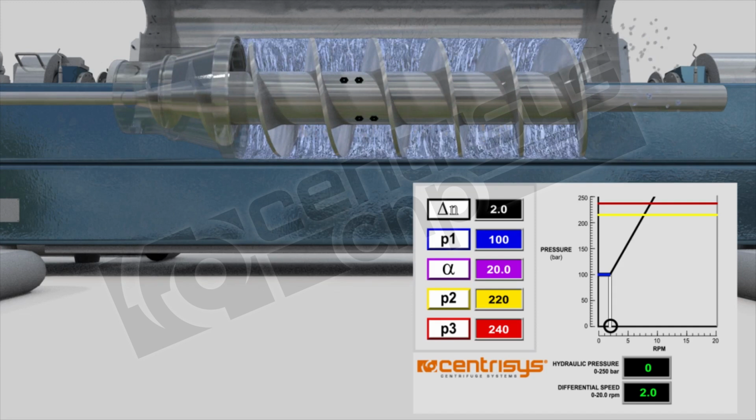As I start this video, you will see solid particles getting into the machine and settling in the space between the bowl and scroll. As the solids are being moved out, the centrifuge will speed up once it reaches this P1, and you will see the actual pressure here on the bottom right increase, and you will see the actual differential speed increase once it hits the P1 set point or exceeds the pressure past 100 bar.